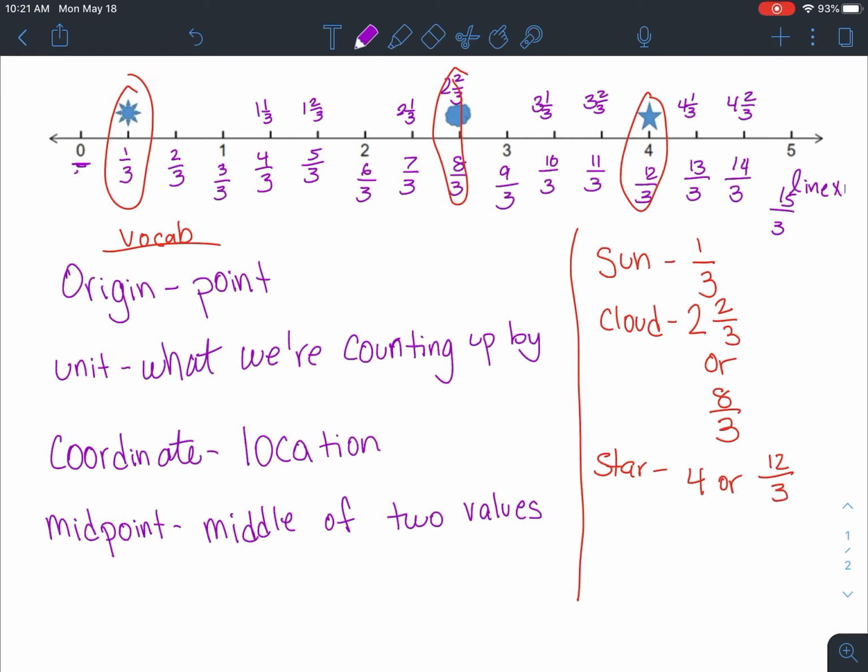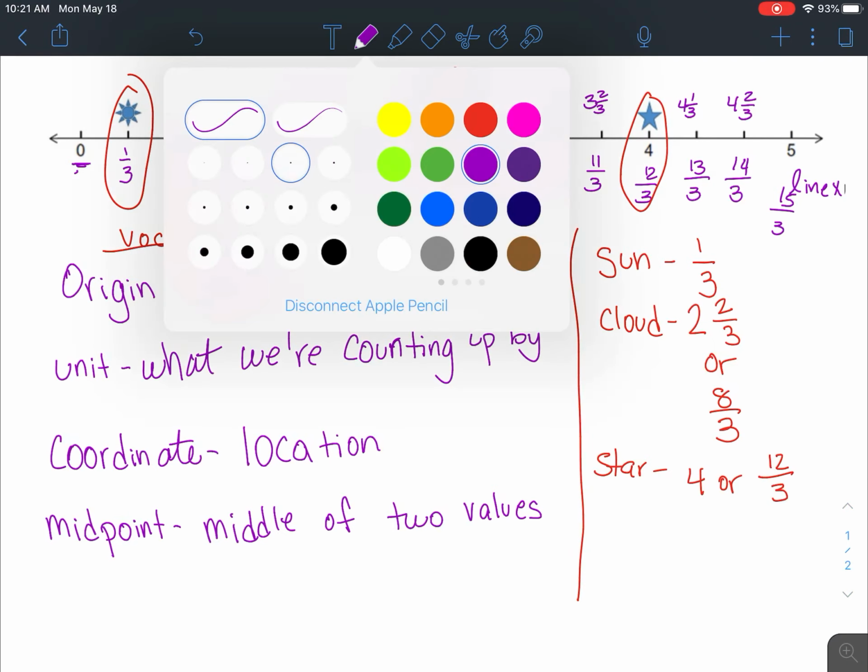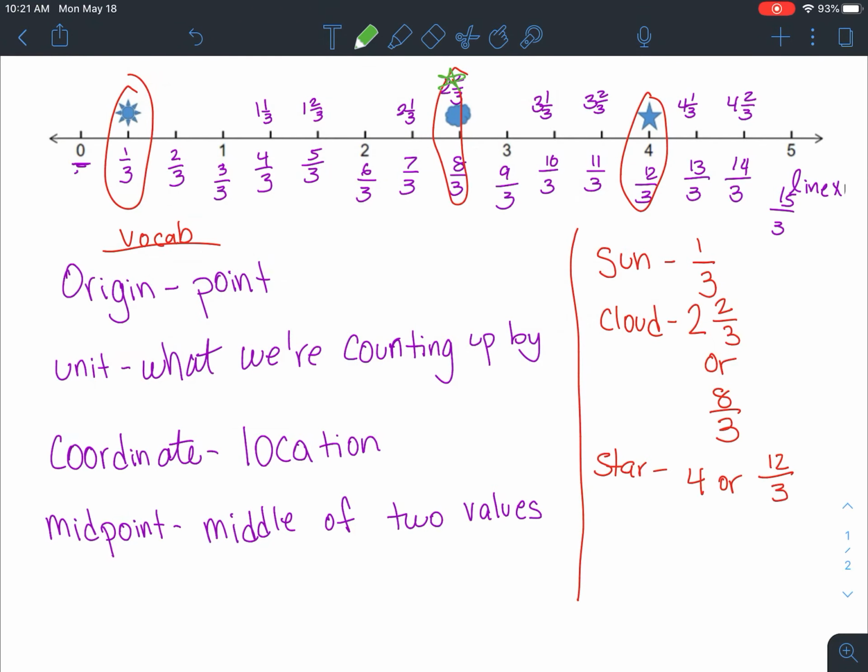Let's do an example. I want to find the midpoint between the cloud and the star. That means I have to find the very middle of these two numbers. All right, so let's see. The middle is where they would equally meet.